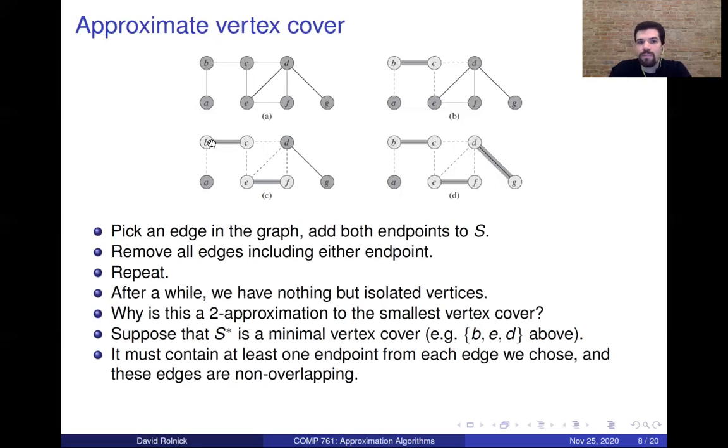So we added 3 edges, BC, EF, and DG. Now, those are edges in the original graph, which means that any vertex cover has to have at least one endpoint from each of those.